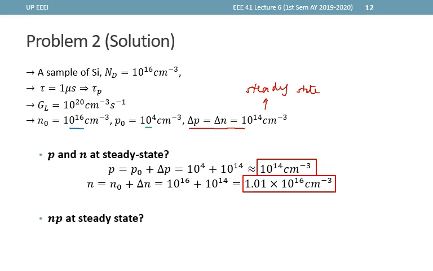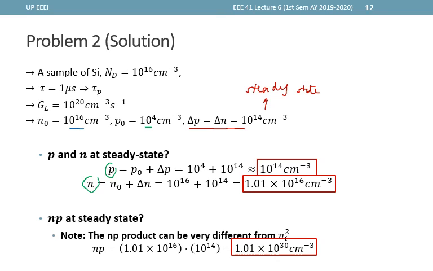Next question is, what is NP at steady state? So we'll just have to multiply N and P, which is 10 to the 14 and 1.01 times 10 to the 16, and we get this value, 1.01 times 10 to the 30.